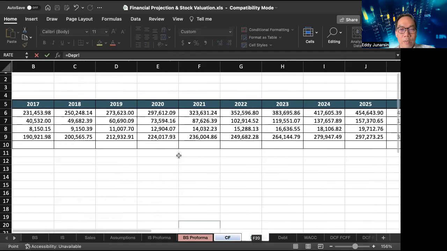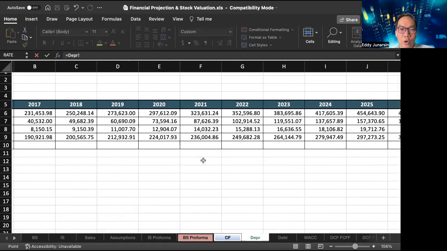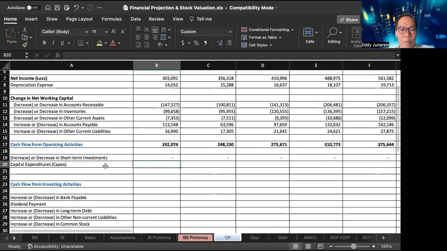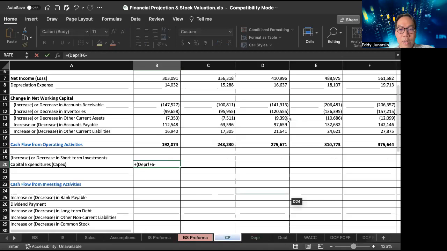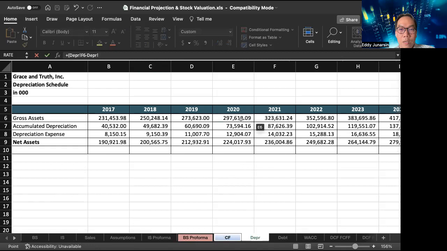So the capex would be the increase or decrease in gross fixed assets. Right, maybe it's worth doing. Capital expenditures. This would be the gross assets in 21 minus that in 2020. So there were purchases of gross assets between the 2 years.